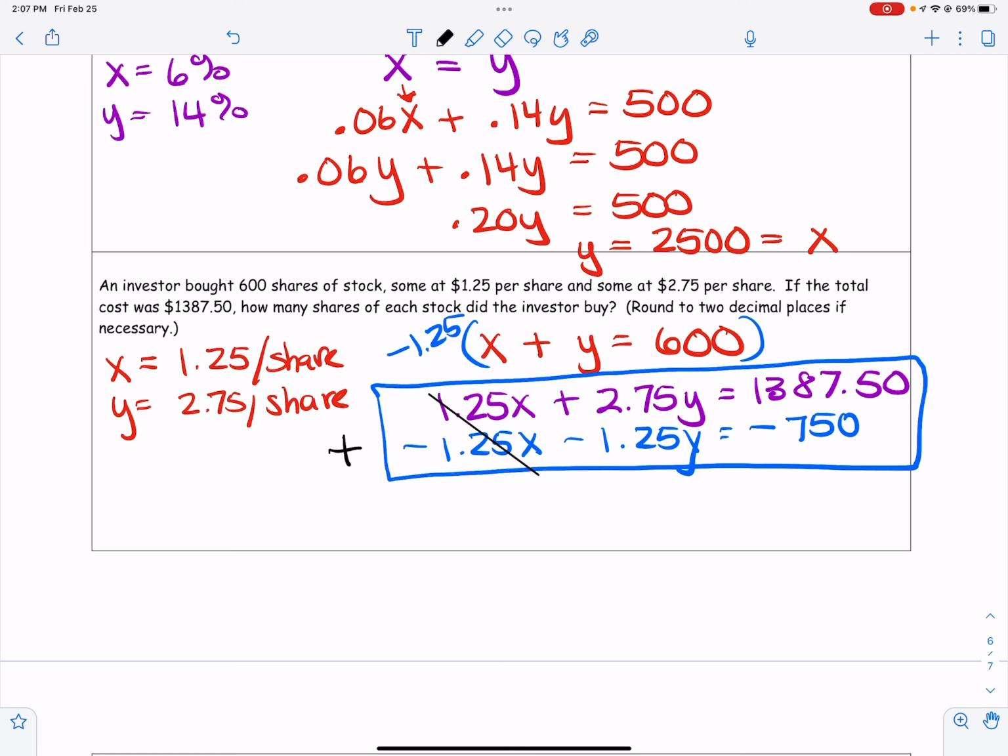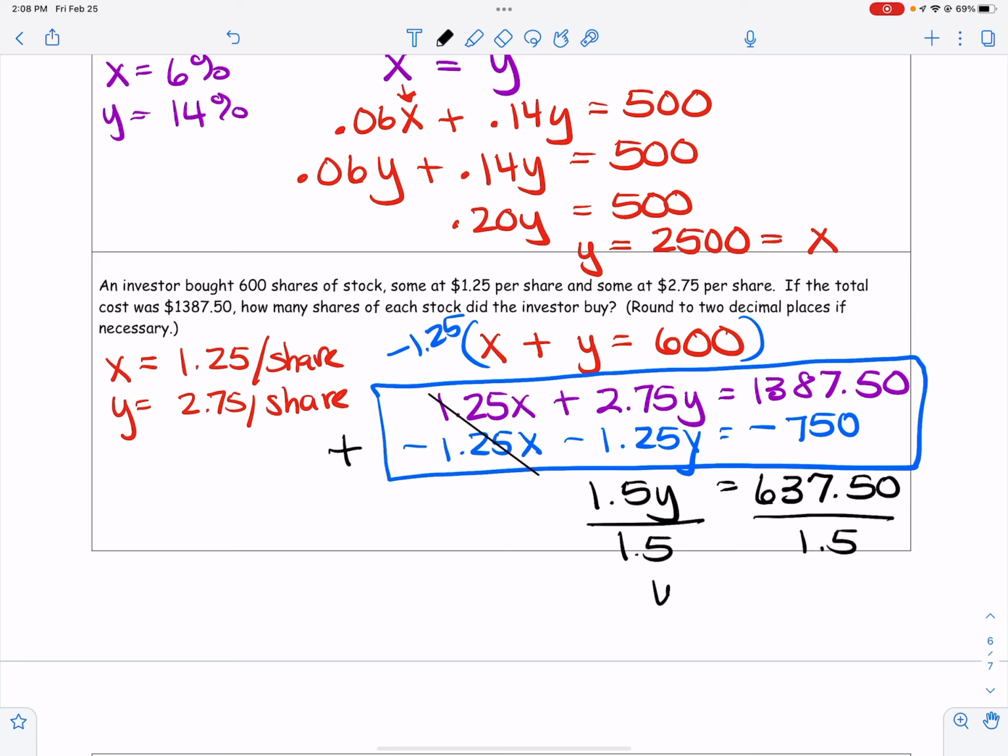And this gives me 1.5y is equal to 637.50. Divide by 1.5. And so y comes out to be 425 shares at the $2.75 per share price.